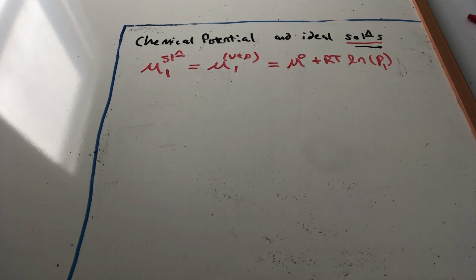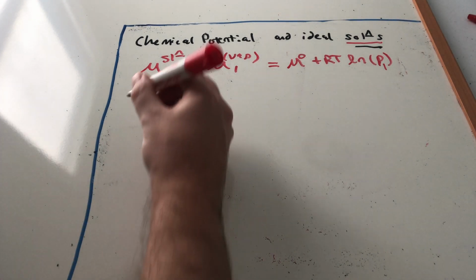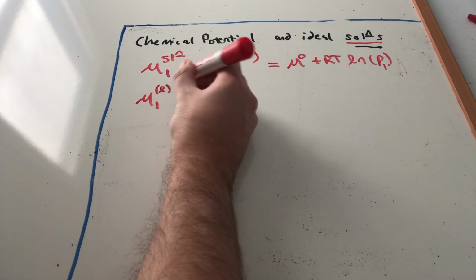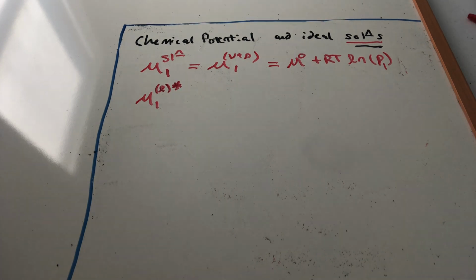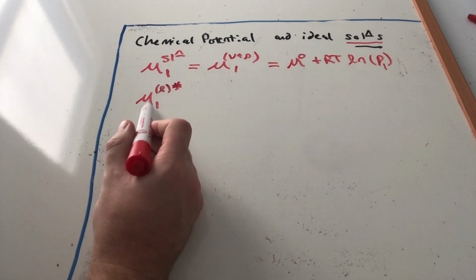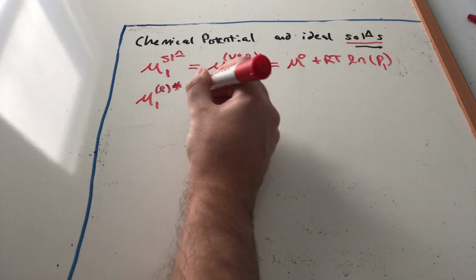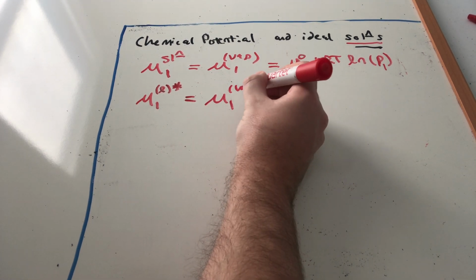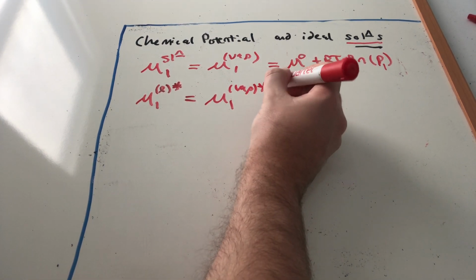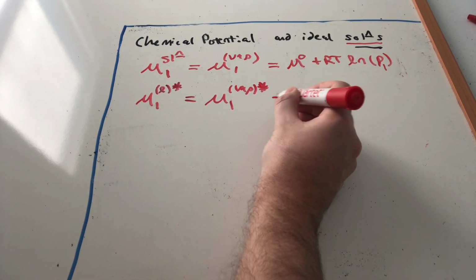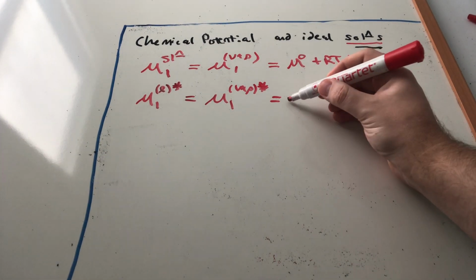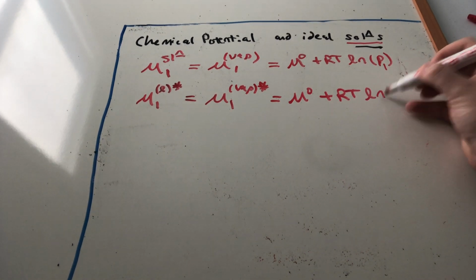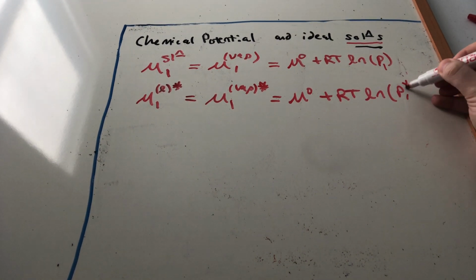Now for species 1, if we were talking about pure 1, the chemical potential to be in the liquid for pure 1 is the same as the chemical potential to be in the vapor for pure 1, which looks like the same standard plus RT natural log of P1 star.